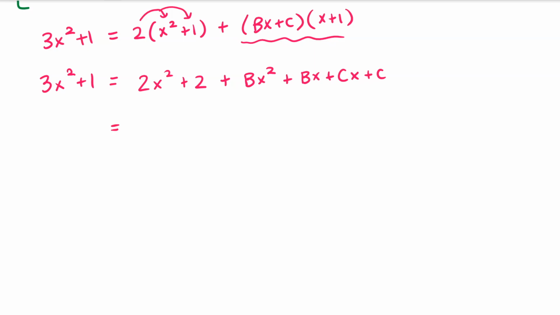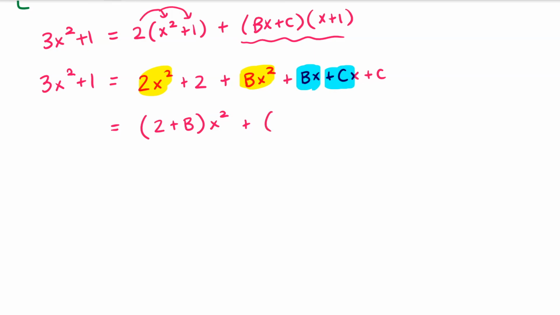So my quadratic terms are 2x squared plus Bx squared. I'm going to go ahead and factor out the x squared, so that will leave us with 2 plus B times x squared, plus my two linear terms are Bx plus Cx.